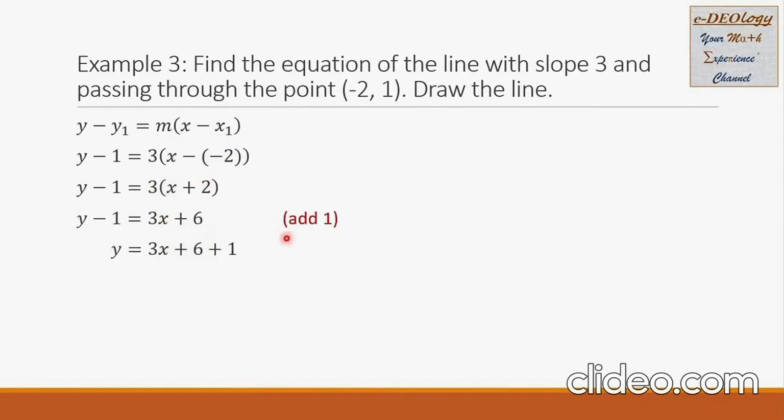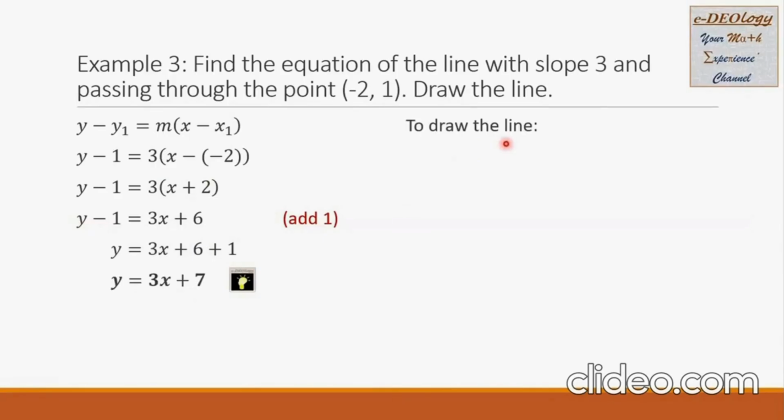Then we will add 1 to both sides of the equation so that the y here will be isolated. So the negative 1 plus the 1 will cancel out. On the right side, the positive 1 will come here. And then 6 plus 1 becomes 7. So our final answer, y equals 3x plus 7.